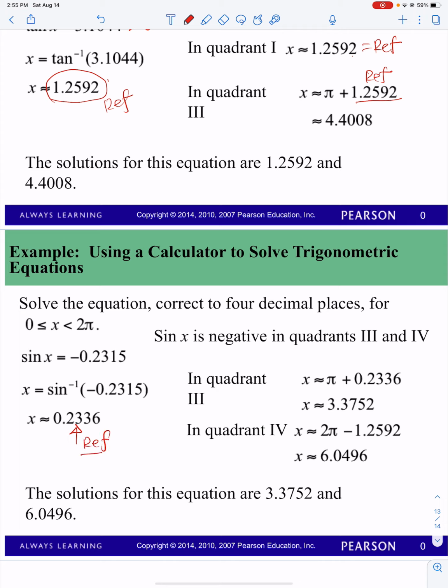When you find the reference angle, I think they made a mistake here. It's sine inverse of positive 0.2315, because otherwise you have a negative sign here. So this is the reference angle. Then pi plus the reference angle and 2 pi minus the reference angle.